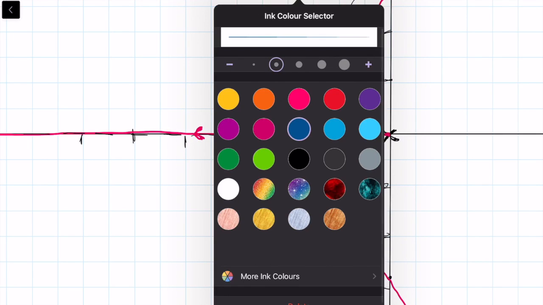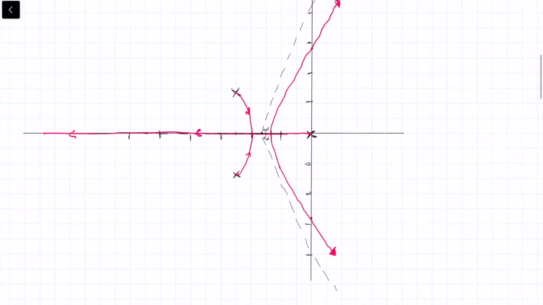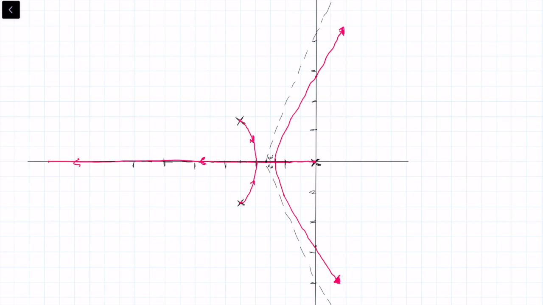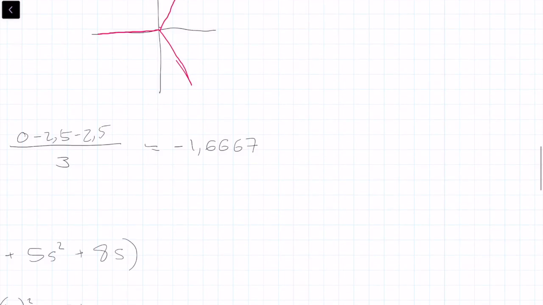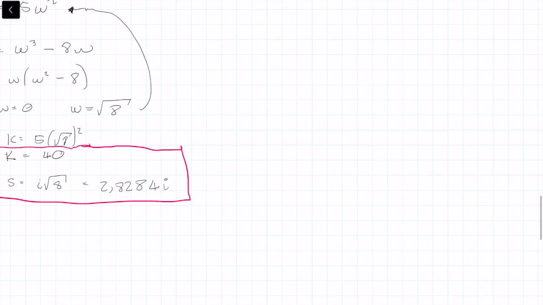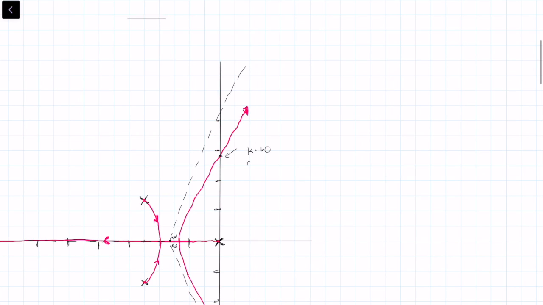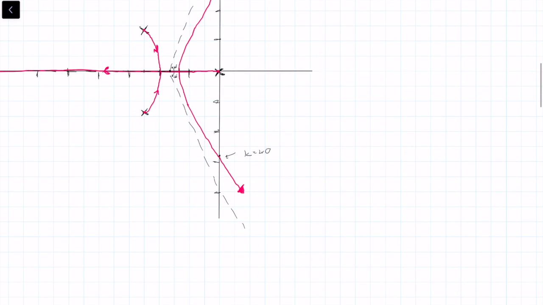Now let's just go and label these points. So this point here is where K equals 40. This is also K equals 40. And what is the value there? It was 2.828. S equals 2.828i. And over here it's S equals minus 2.828i.